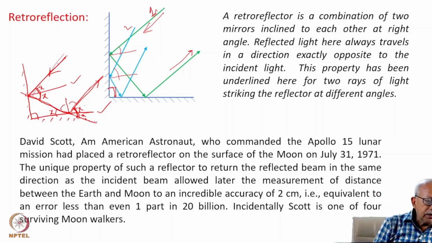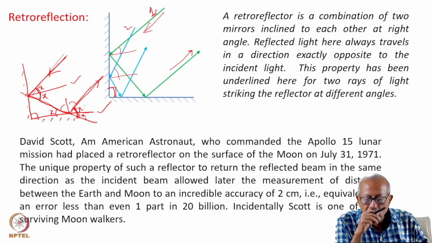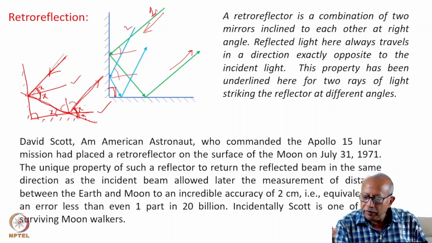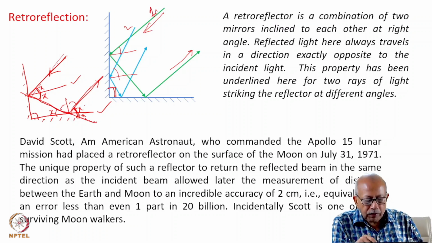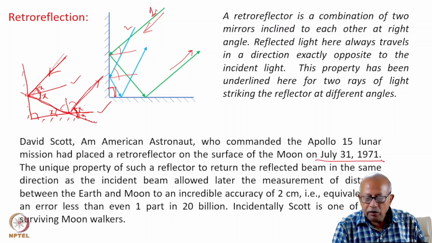I should mention here that later in this course, you would see how the positioning of a retroreflector on the surface of the moon made lunar ranging by laser possible to an incredible accuracy. David Scott, an American astronaut who commanded the Apollo 15 lunar mission, had placed such a retroreflector on the surface of the moon on July 31, 1971.